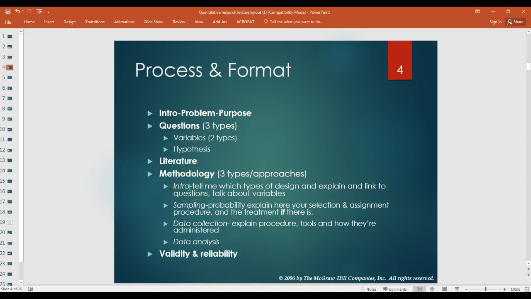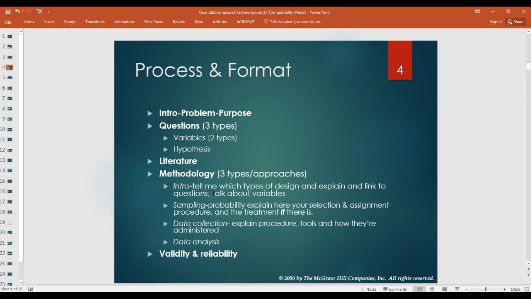In the intro, you're going to tell me what type of design, experimental, quasi-experimental, or non-experimental, and link it to the questions, as I linked it for you when I talked about the types of questions and how the type of question is linked to the type of design.